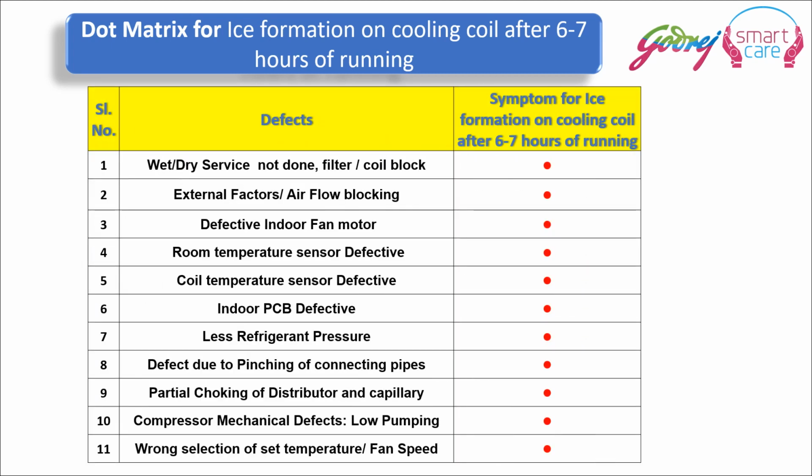The defects which we include in this dot matrix chart are: wet or dry service not done, filter or coil clogged or blocked, external factors like airflow blocking, defective indoor fan motor, room temperature sensor defective, coil temperature sensor defective, indoor PCB defective, less refrigerant pressure, defect due to pinching of the connecting pipe, partial choking of distributors and capillary, compressor mechanical defect, low pumping, and wrong selection of set temperature or fan speed.